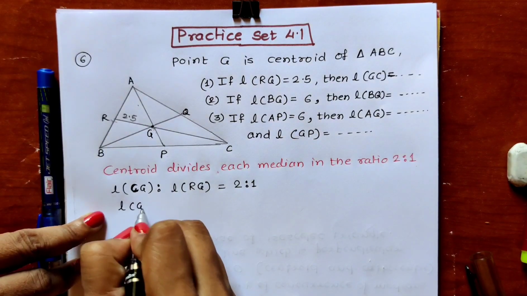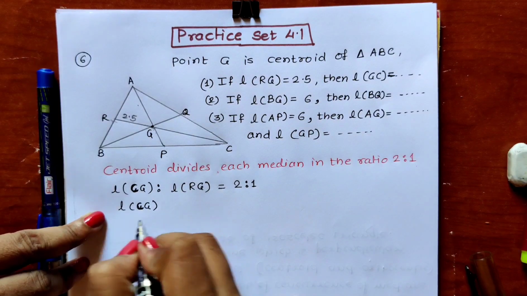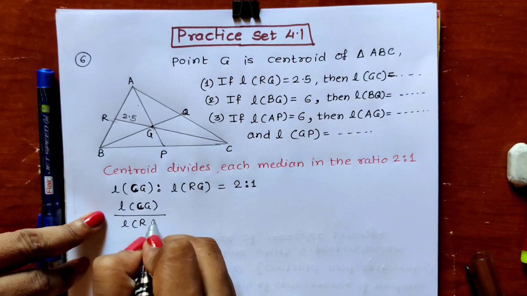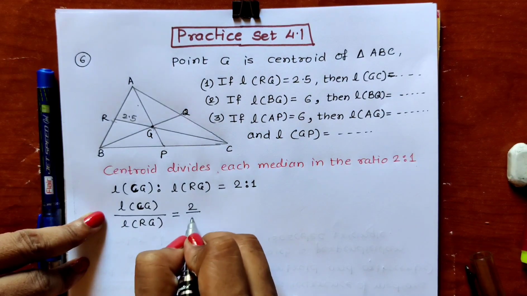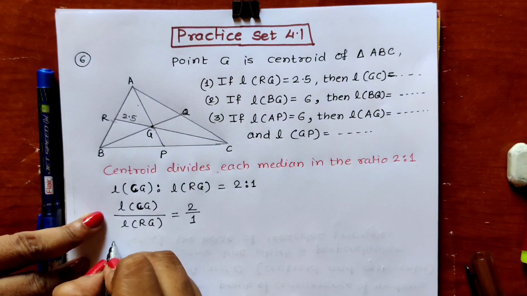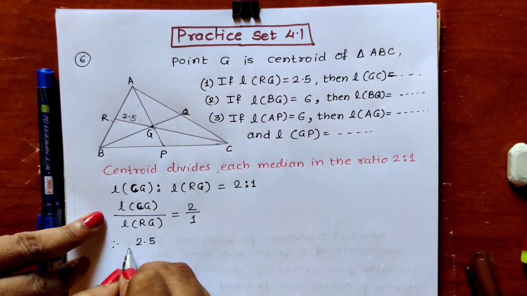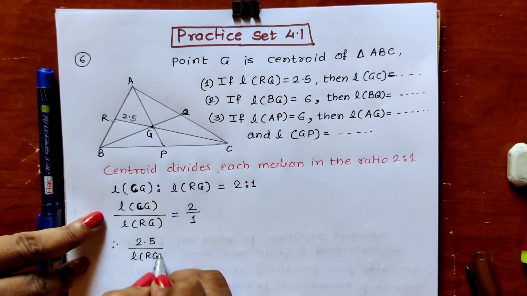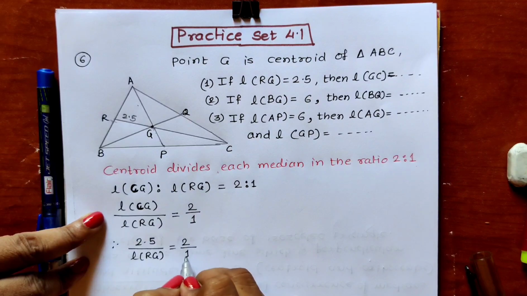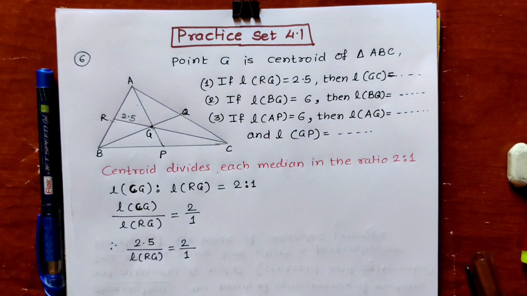That means length CG upon length RG is equal to 2/1. CG we have to find out, RG is given to us as 2.5.